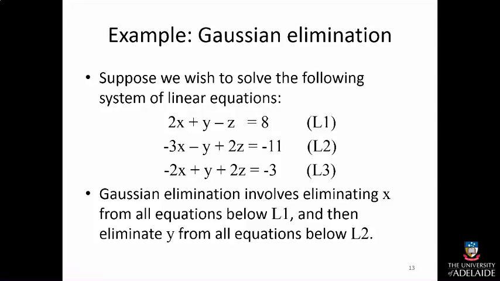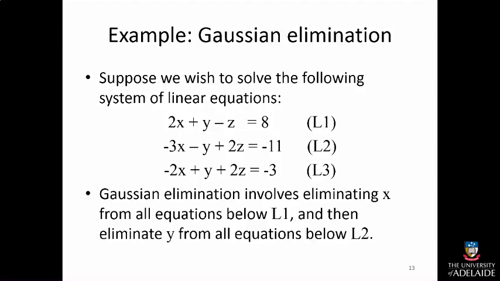Similarly, when we have three variables, we need three equations to solve this system. So we can solve this system because we have three variables and three equations. However, Gaussian elimination involves eliminating x, which is the first unknown, from all the equations below the first equation, right?